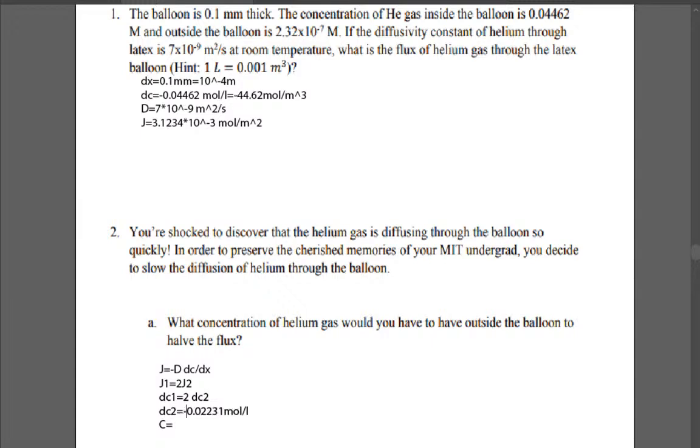So C2, the one outside, minus C1, the one on the inside, must equal dC2. That means C2 must equal that plus the other, which would equal 0.2231 molar. There we go, and that's the answer.